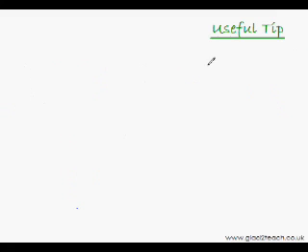I would like to give you one very useful tip that will help you calculate cubic equations even faster. Like I had told you that the chances of 1 or minus 1 being the roots of a cubic equation are very high. Therefore, we must always check them first. The good news is that you don't have to do it the old-fashioned way. You can do it the easy cal way.